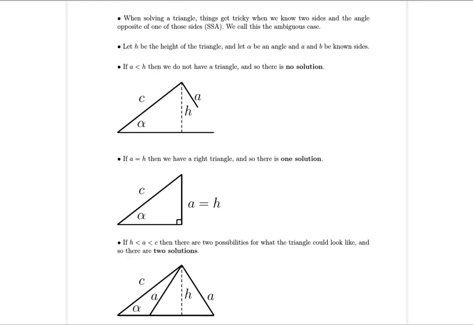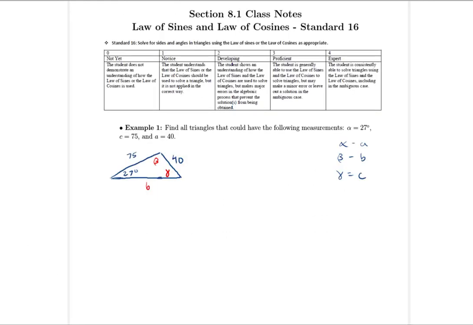Since I know this angle and its opposite side, I'm thinking that the law of sines is going to be helpful here. So I'm going to have sine of 27 degrees over 40 is equal to the sine of this unknown angle, gamma, over 75.